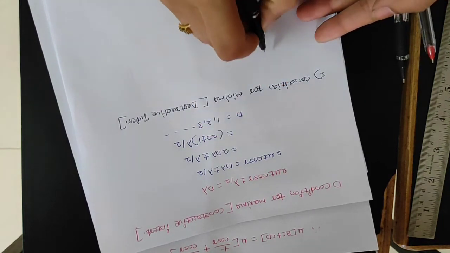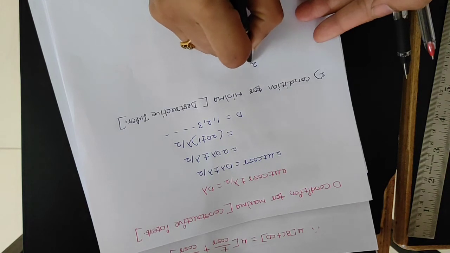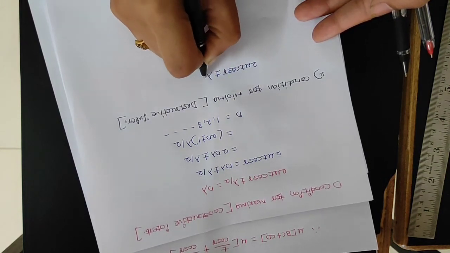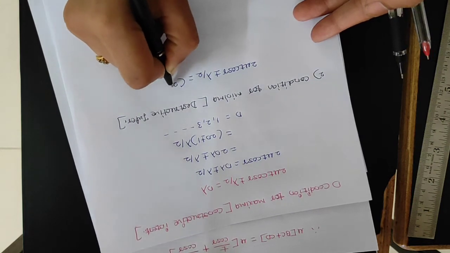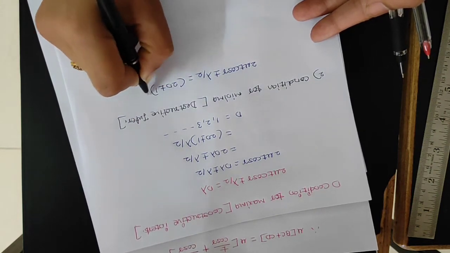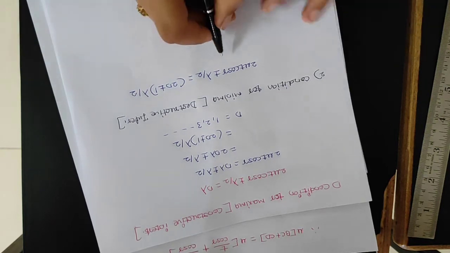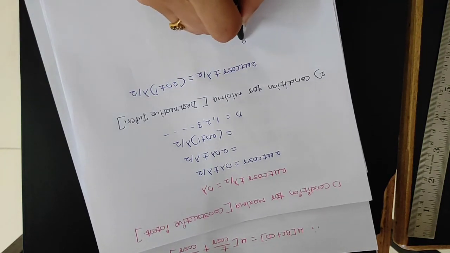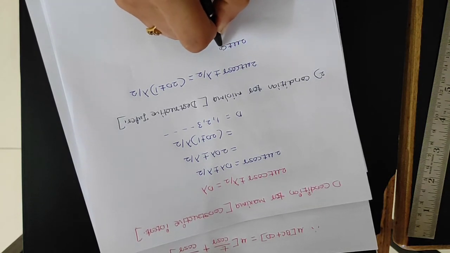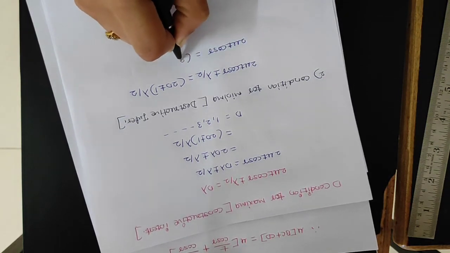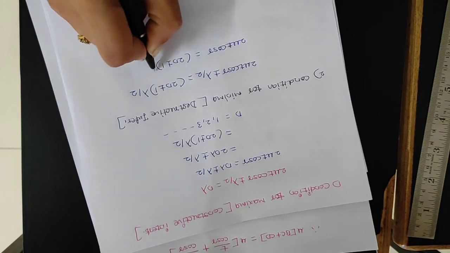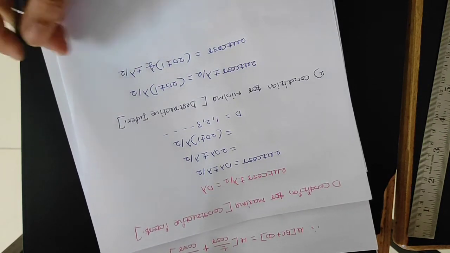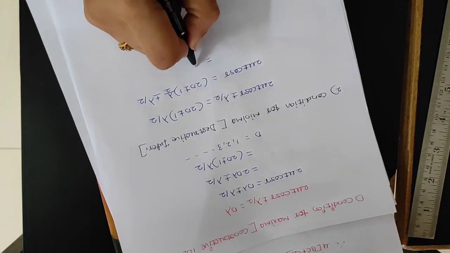So we can write the equation 2 mu t cos r plus minus lambda by 2 is equal to 2n plus minus 1 into lambda by 2. Okay. Now here also this term lambda by 2 we will take to the right side. So we can write 2 mu t into cos r is equal to 2n plus minus 1 into lambda by 2 minus lambda by 2 or plus minus lambda by 2. So here lambda by 2 we will take common.